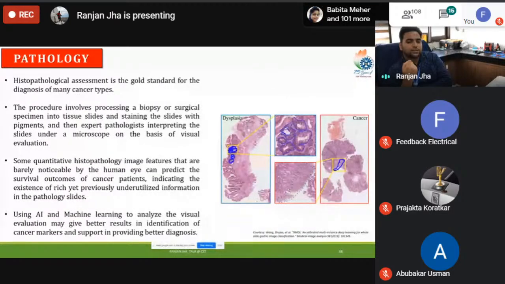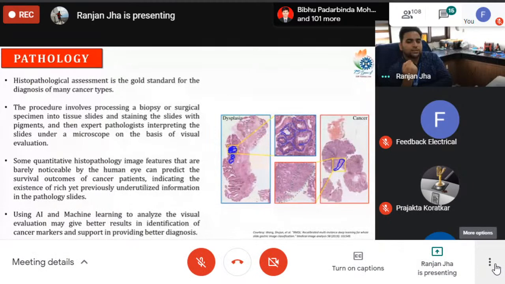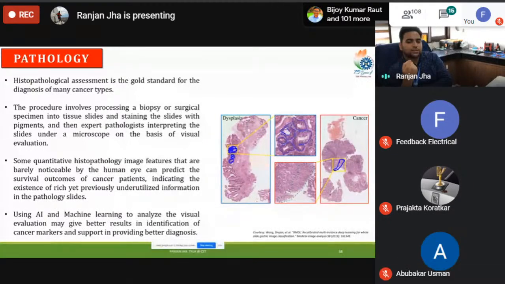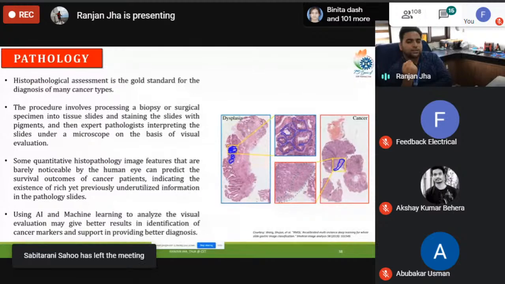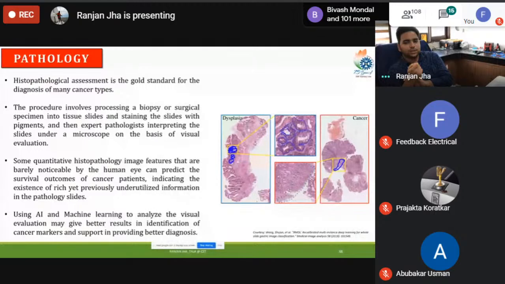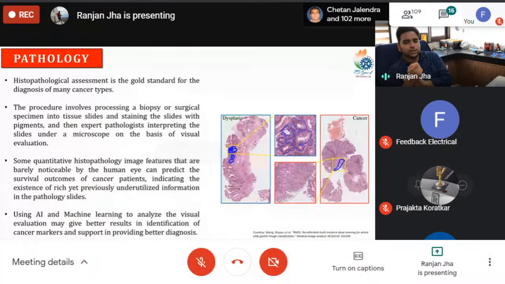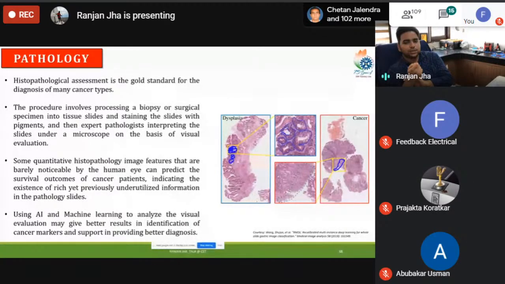Then in pathology, this is also a field where many people in India are now using telemicroscopy. So what happens? You make a slide of some sample of the blood, and from a remote location, any expert can visualize the disease, whether some attention is needed for the patient or not, or detect cancer.